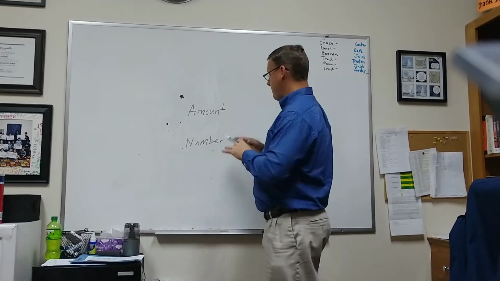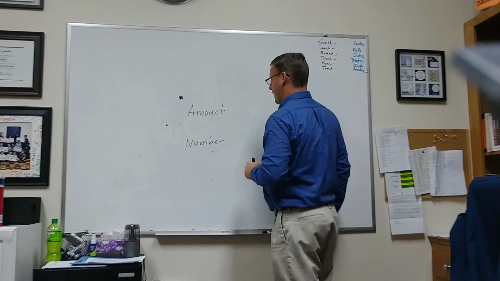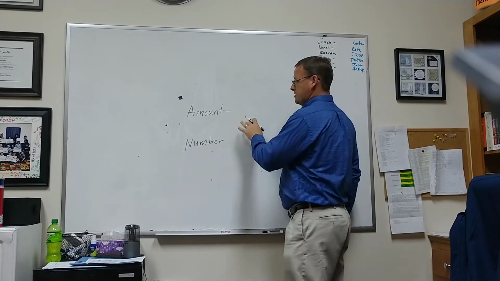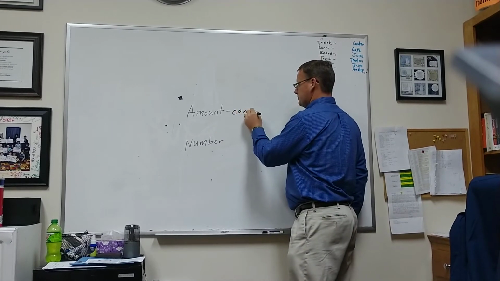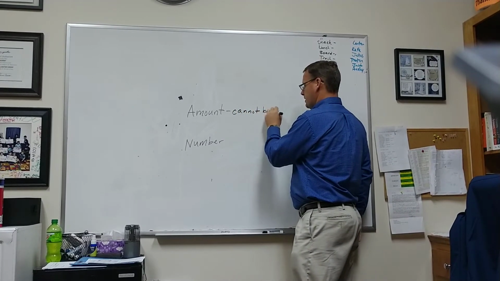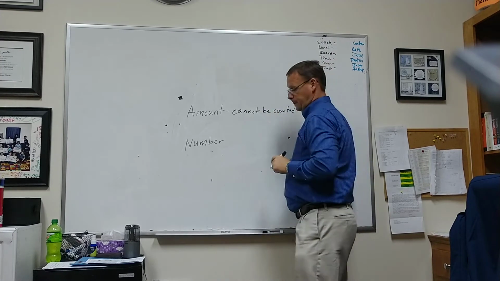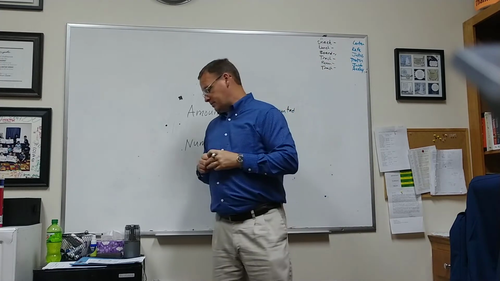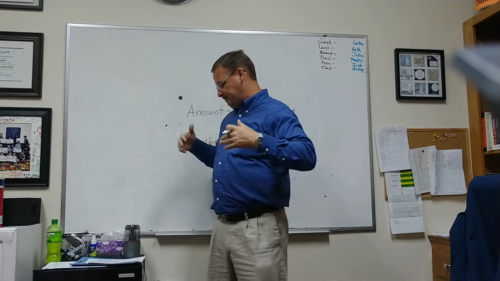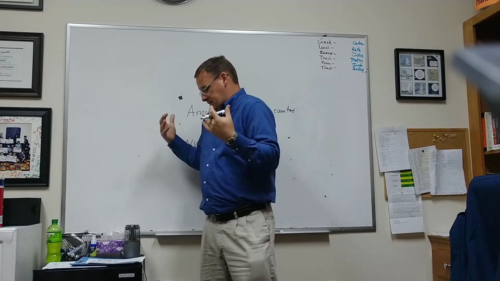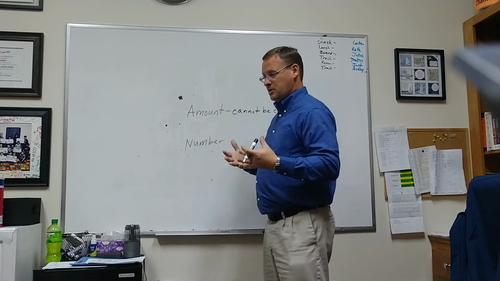So an amount is a number that cannot be counted. Okay? All right? An amount would be something that can be measured but can't be counted.